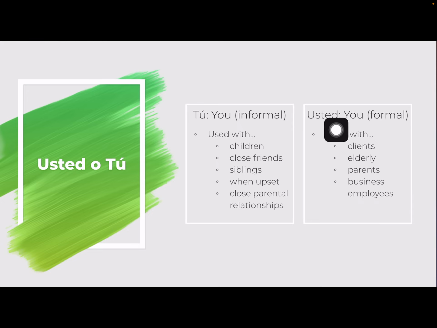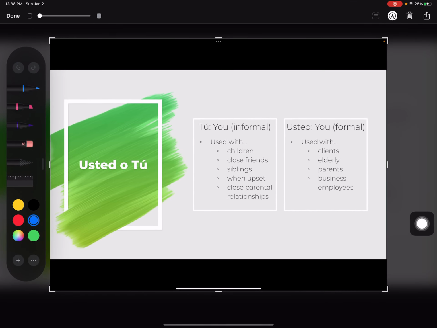And then if you're using usted, that means you have to agree your verb. So when I say that, what I'm meaning is, if I'm using ser, I would say tú eres, like, una amiga. If I'm talking about usted, I have to say es.